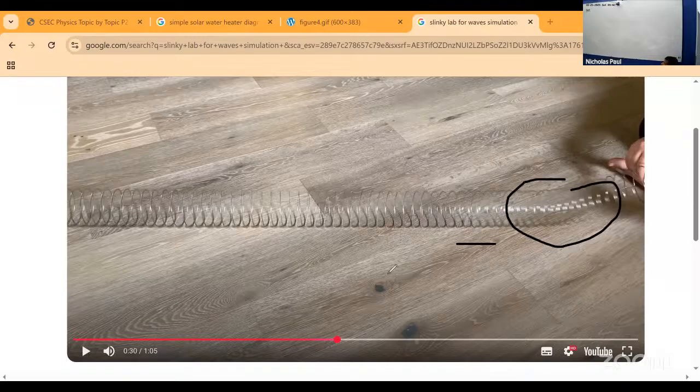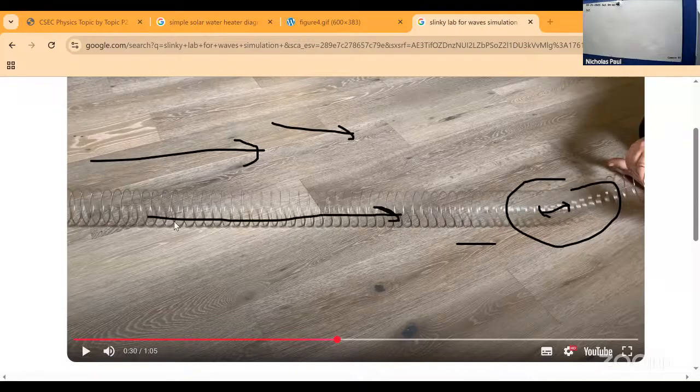So what we have here is a wave moving. In this case, it's moving this way. And the vibration, you probably can't see it so good, but the vibration is happening in the same direction. So the particle is vibrating left to right and the wave is moving to the right. All the springs in this slinky are vibrating in the same direction the wave is moving.